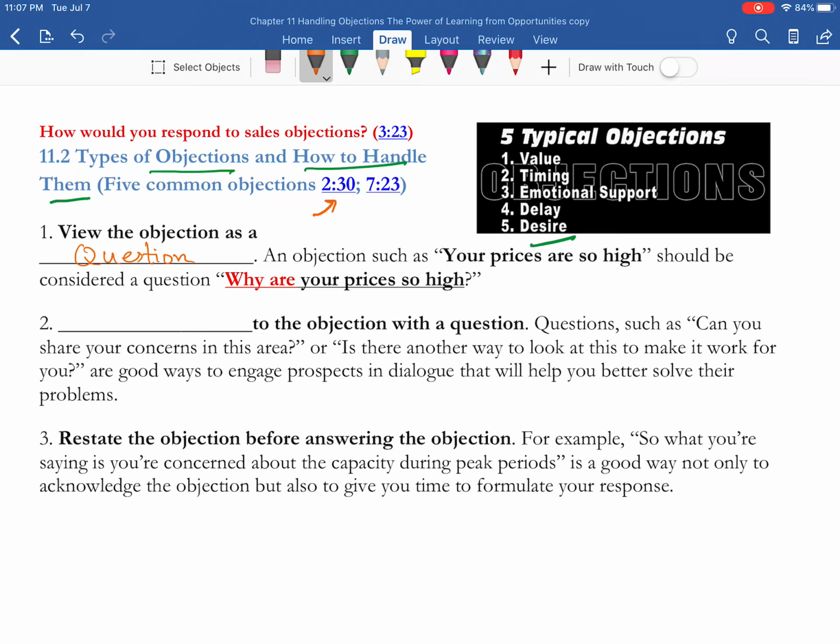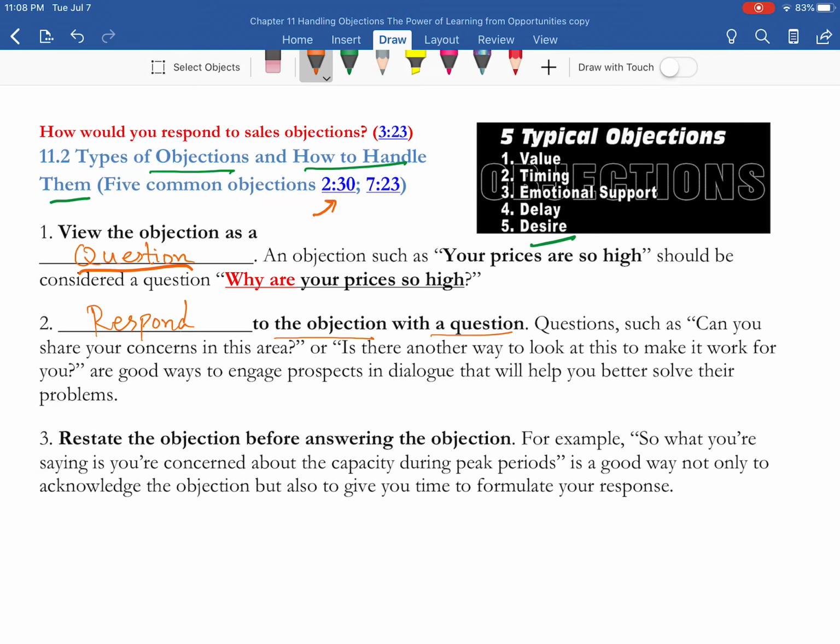So whenever you are getting an objection, treat it as a question. And then you should also ask yourself, why are they asking this question? Sometimes you can respond to the objection with another question. Say, for instance, a question such as, can you share your concerns in this area?